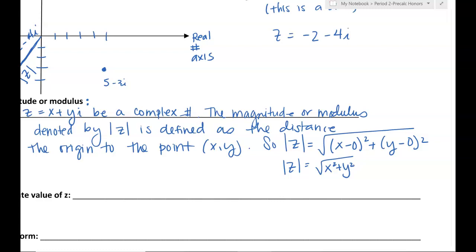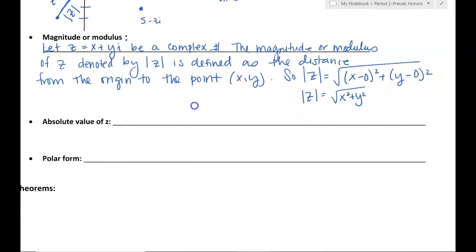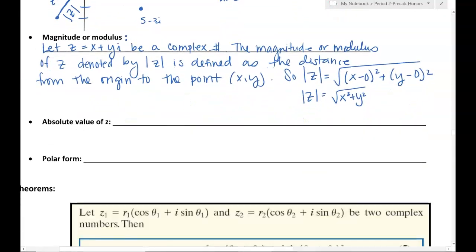Isn't this the same as the radius formula if you were given an ordered pair in rectangular form and you were trying to find the radius? I know, right? They're totally related. All of these are related to each other. The absolute value of z. So as you can see here, this is another way to say the magnitude. So absolute value of z is the magnitude.